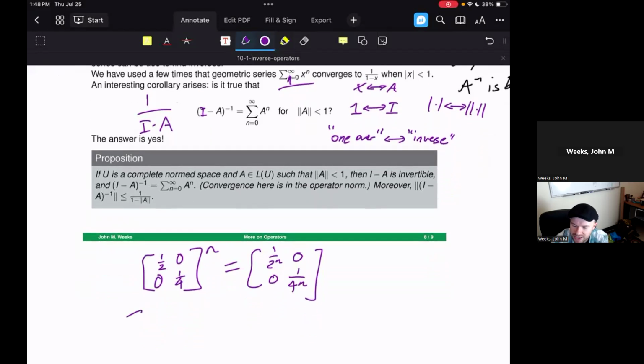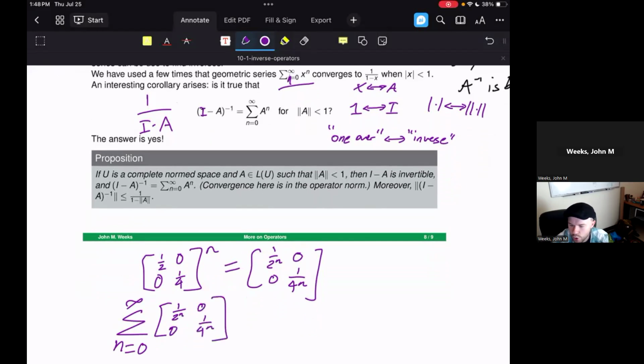Well, something else that I can do with these matrices, because the norm of the original matrix that I was using was less than 1, is sum each of these matrices together and get another matrix out on top of that.